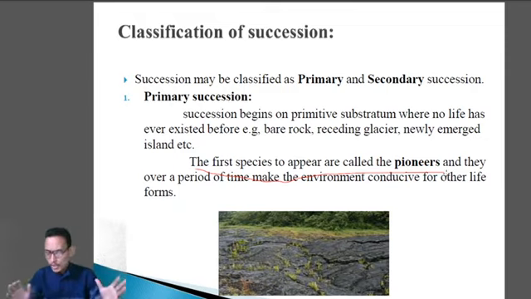For example, when we're talking about bare rock, where there is no sign of life, if lichens appear on those bare areas, then those lichens are the first species to appear. Then they are known as the pioneer species or the pioneer community.